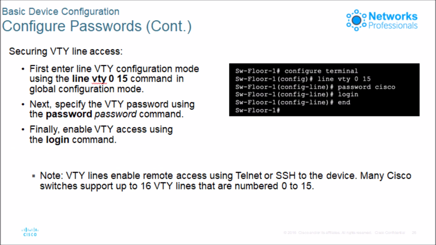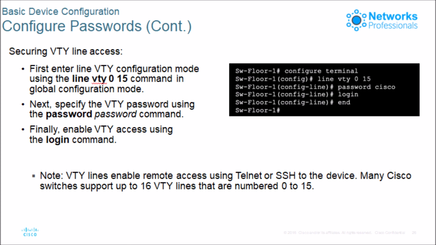Securing the VTY lines. Virtual terminal VTY lines are used to enable remote access using Telnet or SSH to the device. Many Cisco switches support up to 16 VTY lines, numbered from 0 to 15. To secure VTY lines, enter line VTY mode by using the line vty 0 15 global config command.